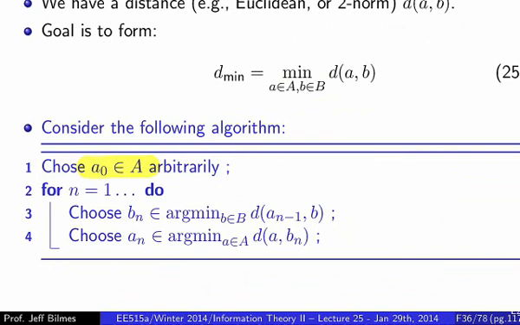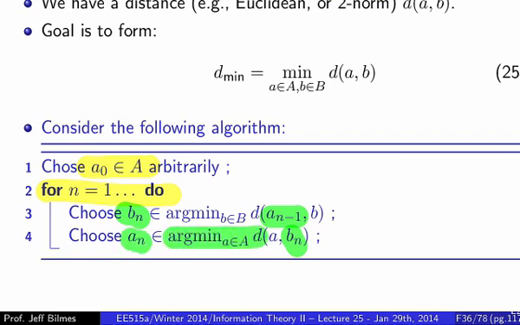So we just choose any point inside of A. And then we iterate some number of times. Fixing the previous value of A, we optimize over B, and then choose the next point in B based on that optimization. If there are ties, we break ties arbitrarily. Now we fix B, and then we optimize over A, and choose A this way.